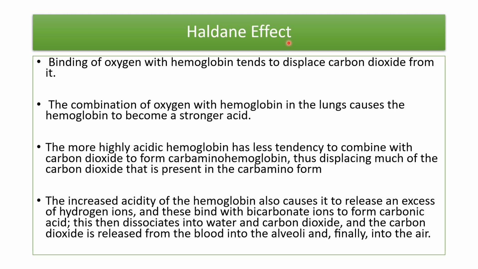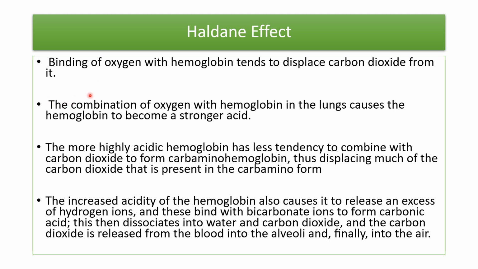The reversal or opposite is known as the Haldane effect, and it occurs in the lungs. It is when oxygen binds with hemoglobin, it tends to displace carbon dioxide from it. The Haldane effect is essential for the release of carbon dioxide from blood into the alveoli in the lungs.